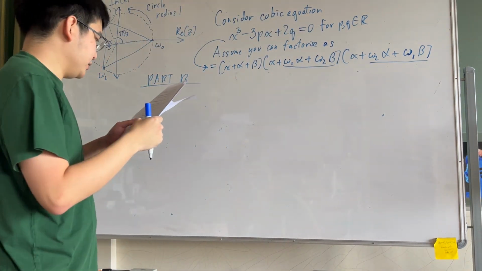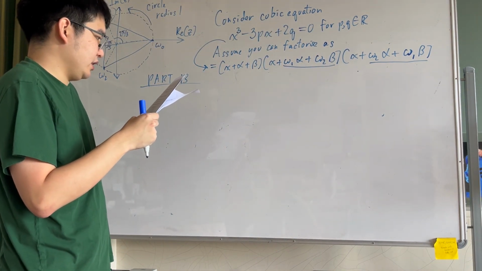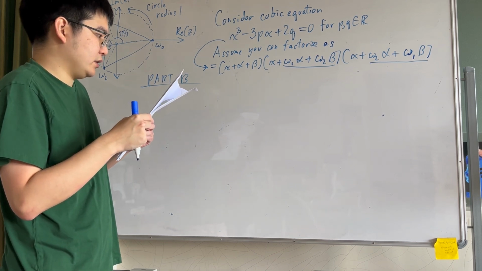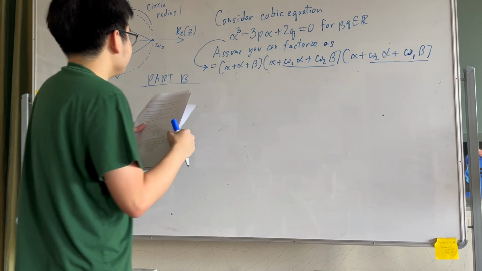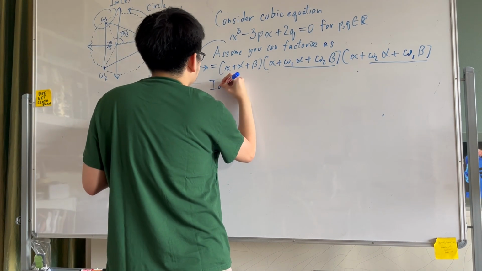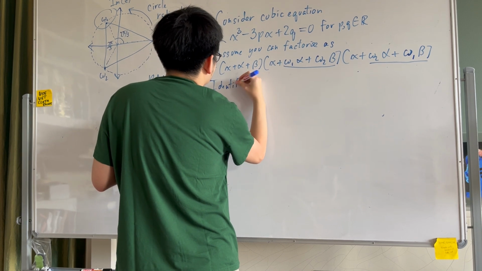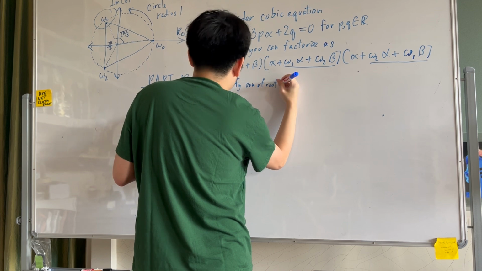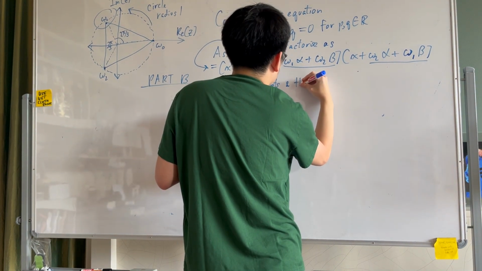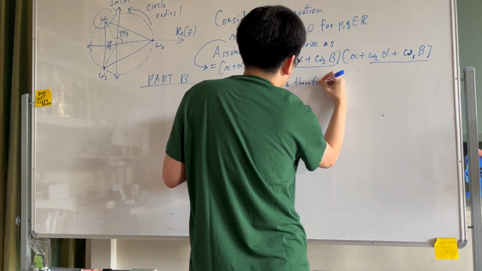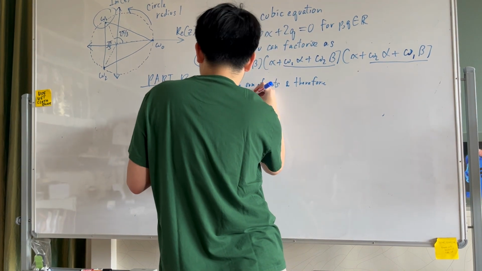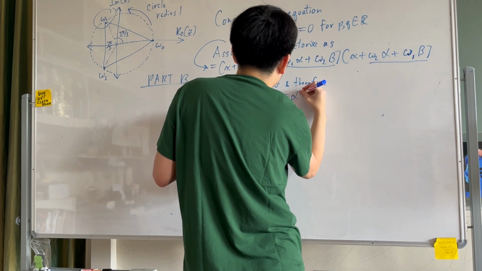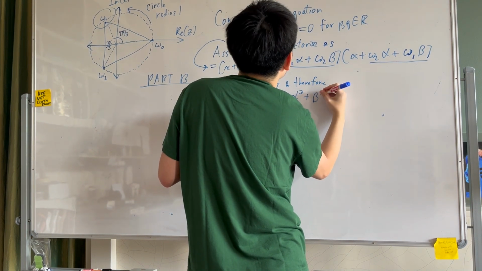And now comes the first question. Unfortunately, Revision Village made a typo here. They said identify sum of roots, and therefore conclude 2q equals alpha cubed plus beta cubed.